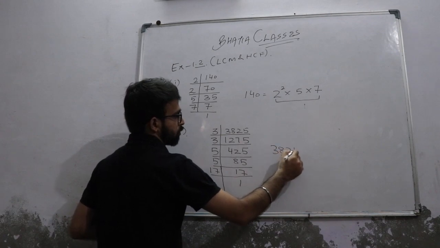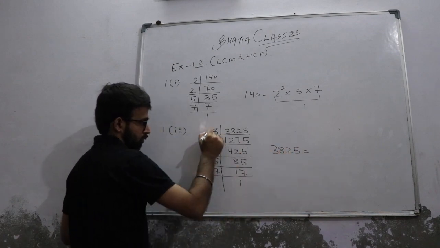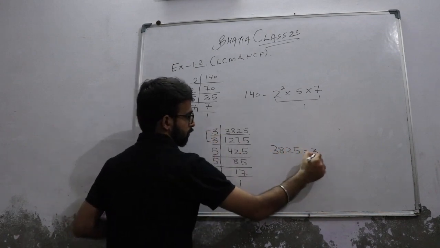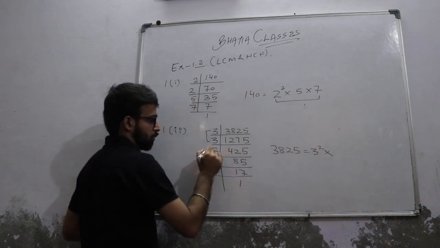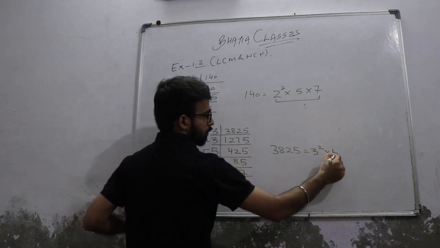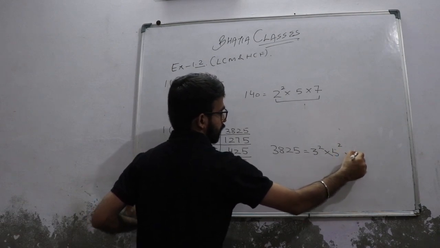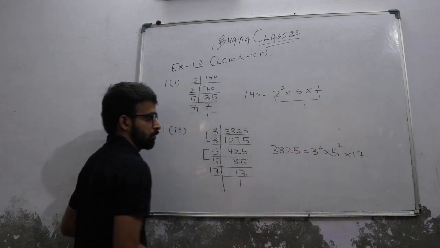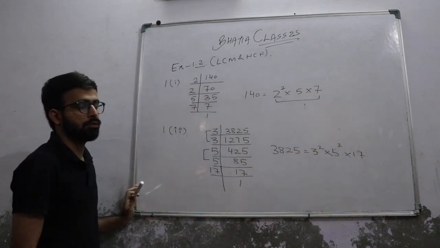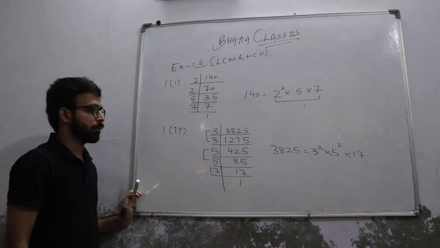Therefore the prime factors of 3825 is equal to 3 square, 5 square multiplied by 17. The next parts will be solved by you.